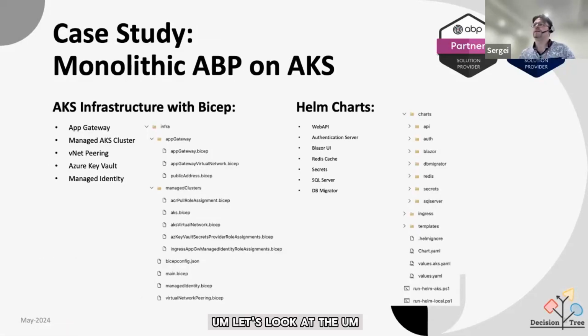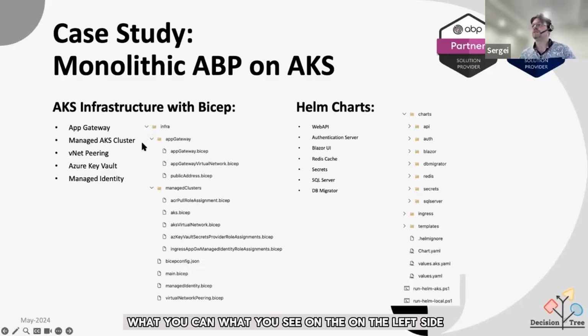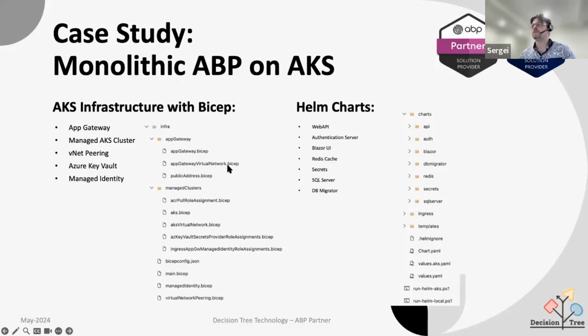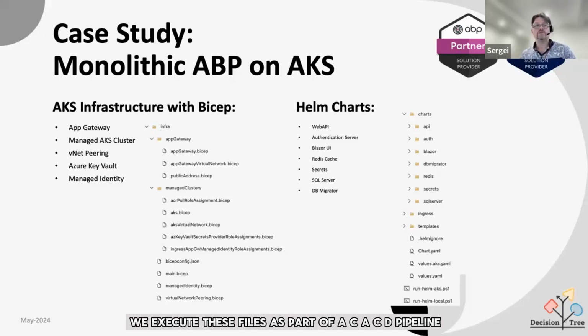Let's look at one of the examples of deployment of monolithic ABP on Azure Kubernetes service. What you see on the left side, these are Bicep files, and they define an Azure cluster automatically, and we execute these files as part of a CI/CD pipeline.